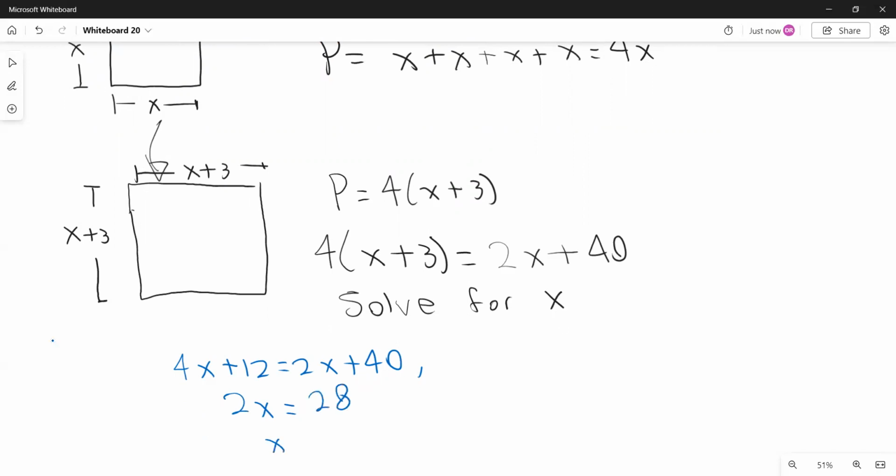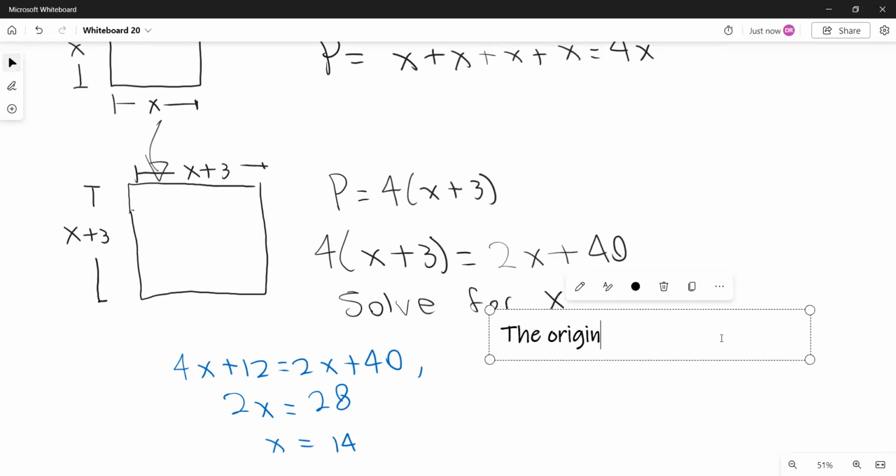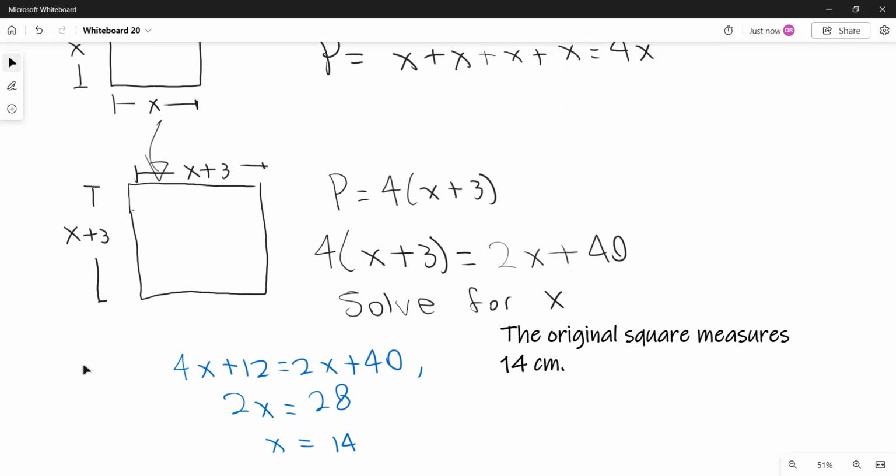And finally, divide by 2, and x is going to be 14. So the original square measures 14 centimeters. And that's it.